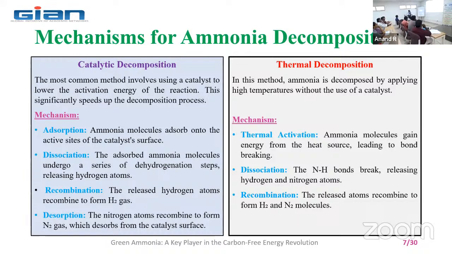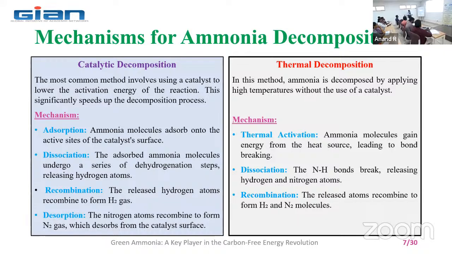So the ammonia is absorbed, and because nitrogen needs more energy than hydrogen, once the required heat is attained, desorption releases the nitrogen. Whereas dissociation and recombination pertain to the breaking of hydrogen from the ammonia, and then the atoms are recombined to produce the hydrogen molecule.